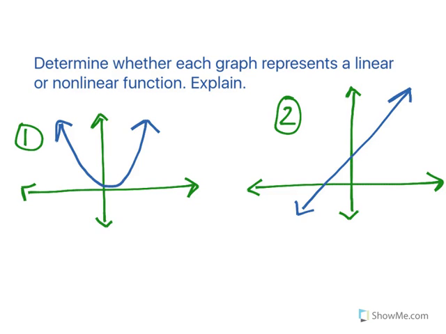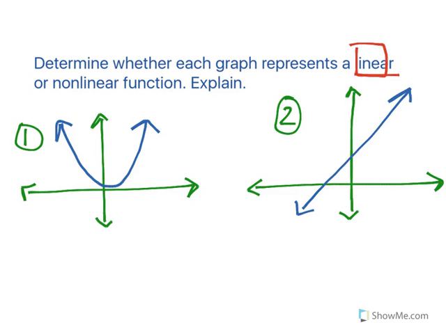Pretty nice about this word, linear, has the word line in it. If there's a straight line in your graph, you know it's linear. If it's not a straight line, it's not linear. Easy as that. If there's a curve, then it's not linear. If it's a straight line, think of the word linear, line, it is linear. So let's look.